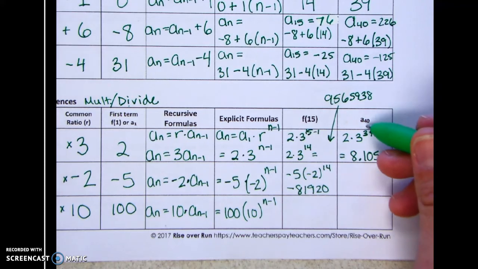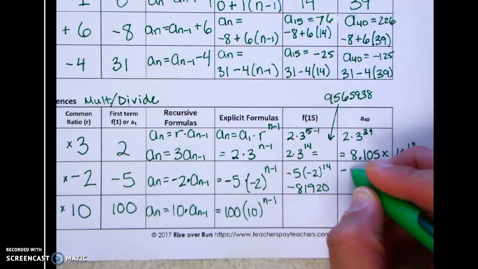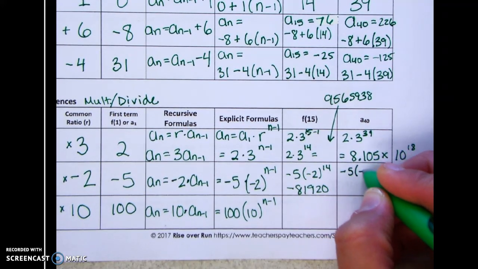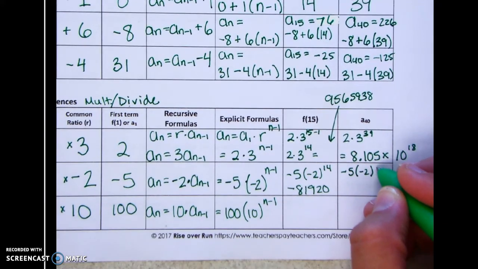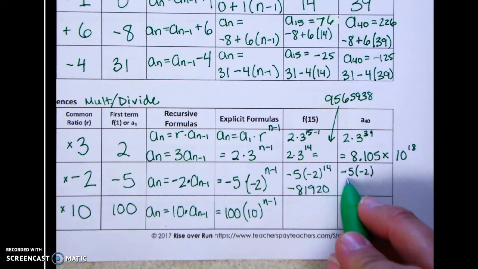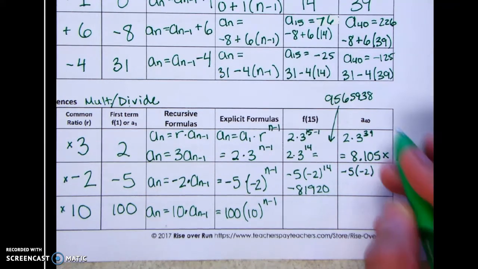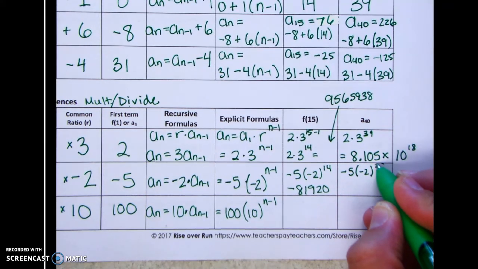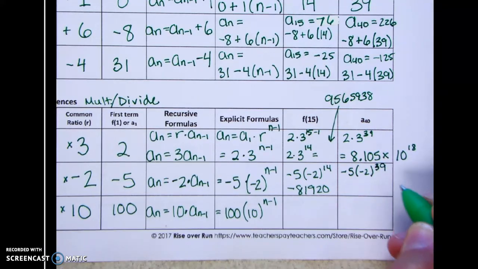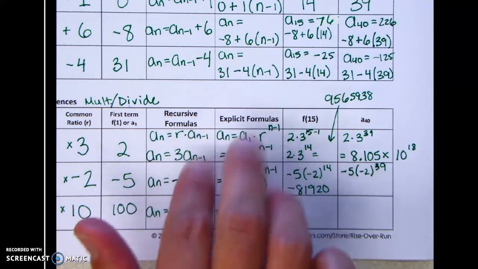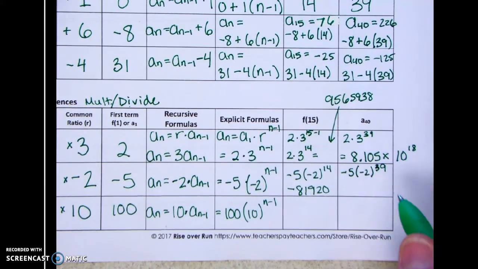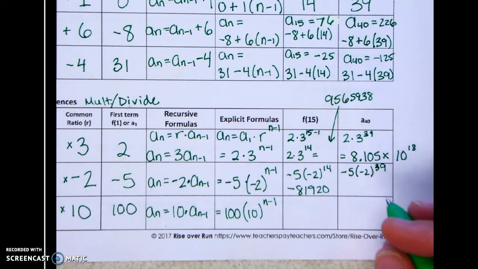So to find the 40th term here, ready? The first term times the common ratio, and then you subtract 1. And the reason we're subtracting 1 is because the -5 counts as the first term. So we only need to multiply it 39 times. And right now you're going in your calculator, and you're typing this in, and we're getting really big numbers.